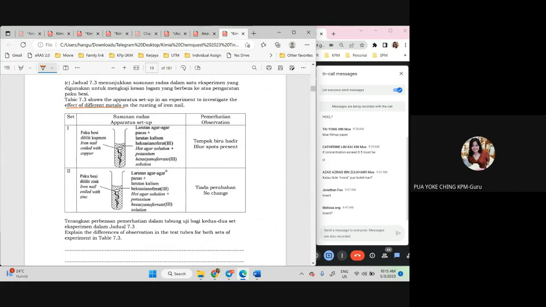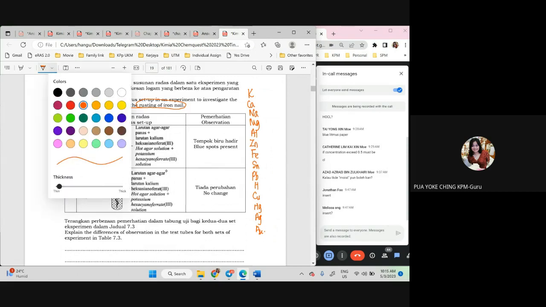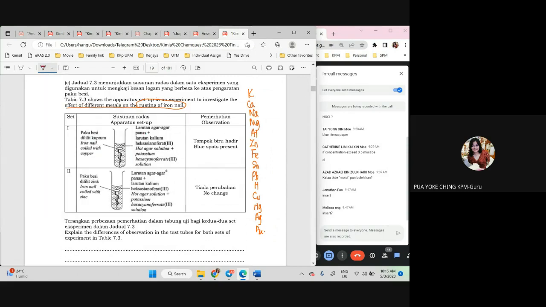Effect of different metals on rusting of iron nail. Untuk yang ini, your electrochemical series masih kena hafal. Okay, so this electrochemical series ada guna dia. Eksperimen ini jelah nak tahu paku besi karat atau tidak. So, your paku besi is Fe.